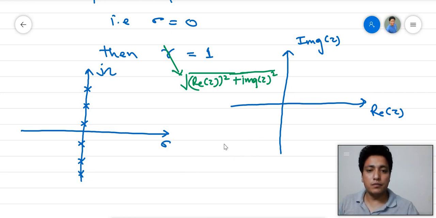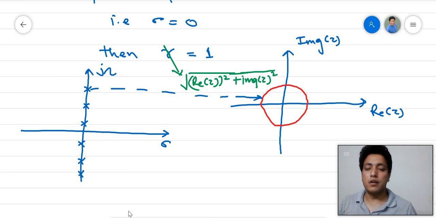So that means this unit circle, all the poles will be mapped.